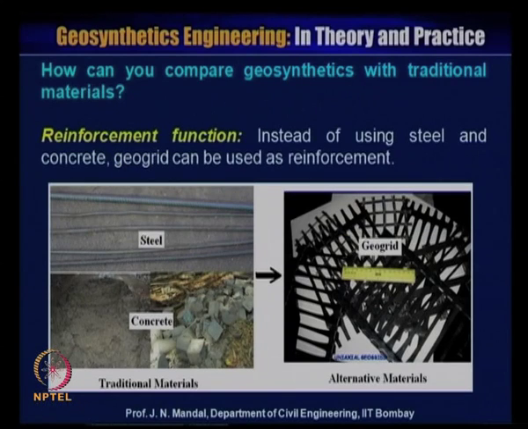Now how can you compare geosynthetics with the traditional material? You can see we use a huge quantity of steel and concrete for the construction of various infrastructure in India and around the world.